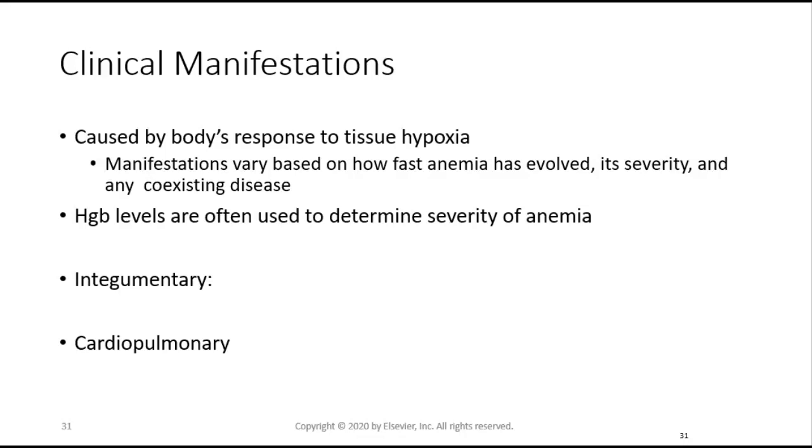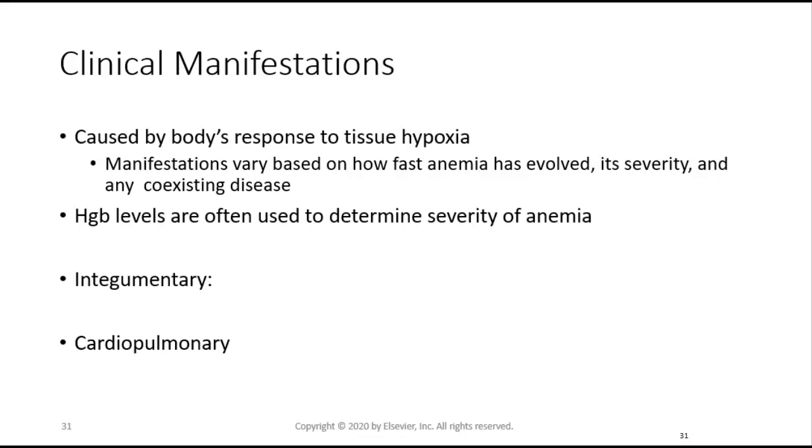A couple of the things I do want to take a moment to say is that integumentary, right? So the paler a person gets, the more anemic they may be. Same thing with jaundice, right? Because we get paler if we don't have enough red blood cells, and we have jaundice if we have increased red blood cell destruction.